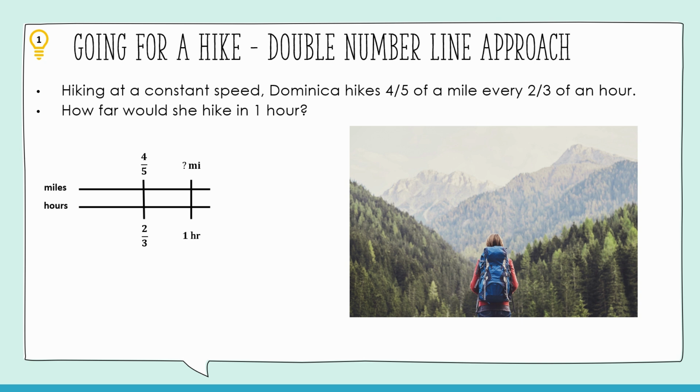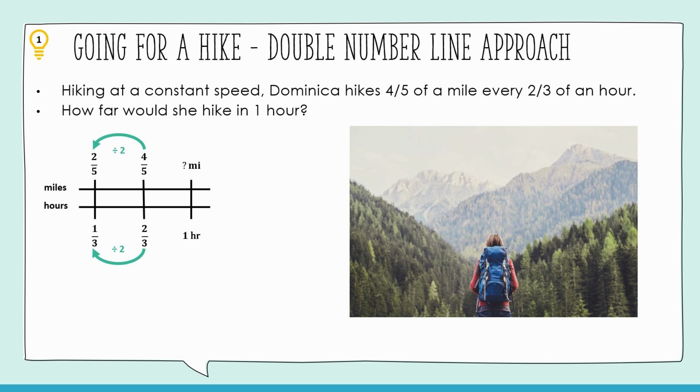One approach is to go small to then go big. If we cut 2/3 in half to find how far Dominica hikes in 1/3 of an hour, we do the same above to determine that she hikes 2/5 miles in 1/3 of an hour.